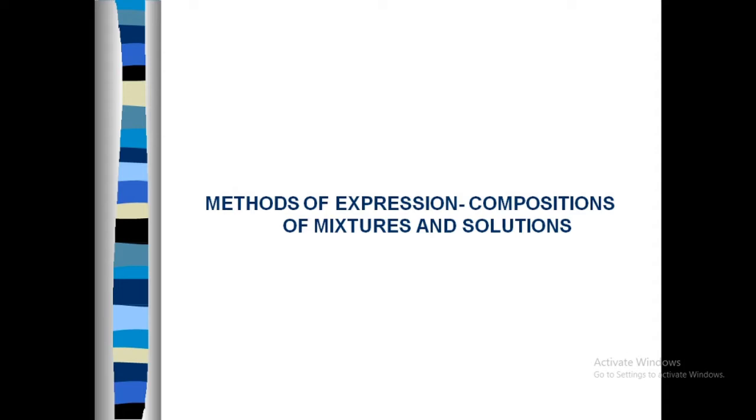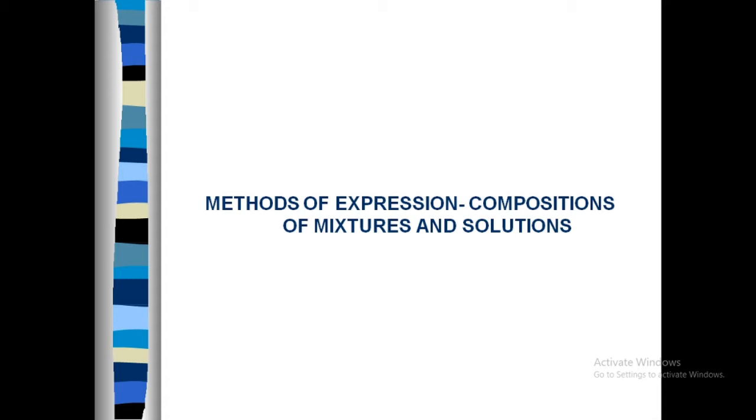Various methods are used to express the composition of mixtures and solutions. The methods given here are explained by considering a system composed of two components. For example, you take capital A and capital B, the two components.